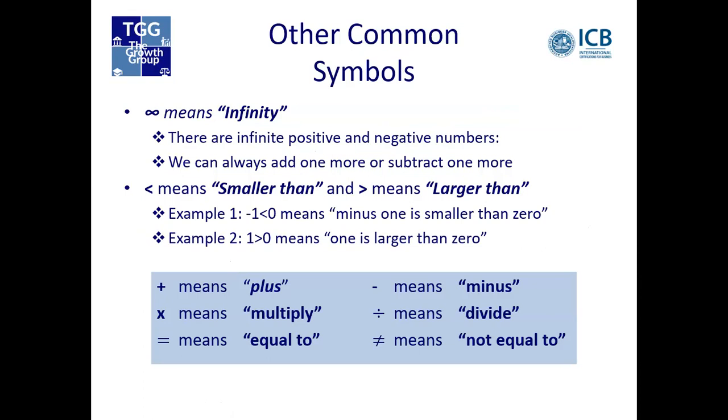Then you see the little arrow pointing to the left there. That means smaller than. And the little arrow pointing to the right means larger than. You've encountered this at school. This is nothing new to you. For example, -1 smaller than 0 means -1 is smaller than 0. And then if you have the positive 1 larger than 0, the other arrow means 1 is larger than 0.